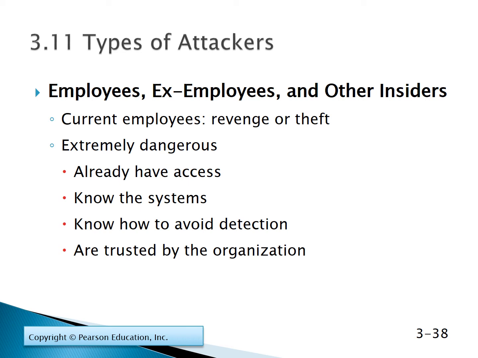Of course, sometimes it could also be theft, where they try to steal the company's data, again for money, and sell it to others, or sometimes they steal your customer list and then sell it to another company and so on, right? Or sometimes they just get some information for fun or for other reasons.